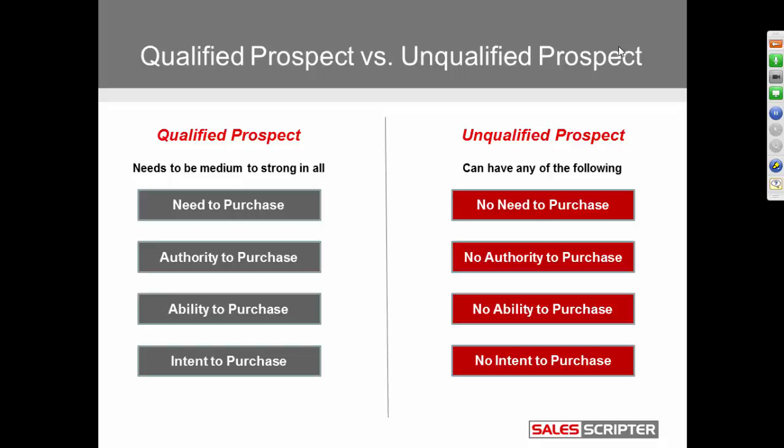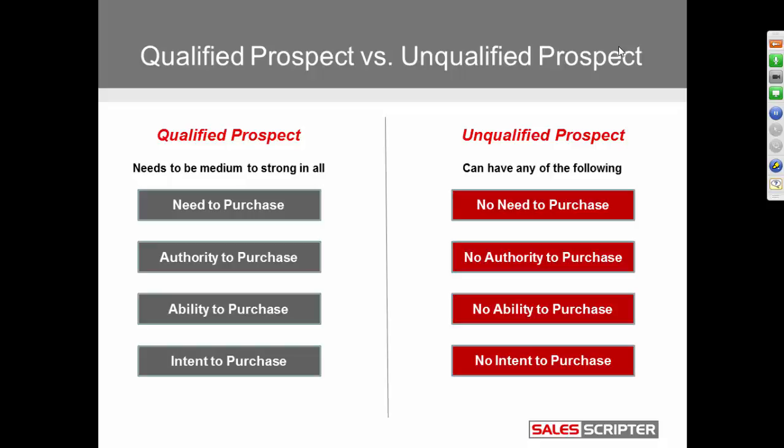You're dealing with the people that have the authority to purchase, meaning you're not selling at a manager level when it's really a VP level that signs the deal and the VP is not even involved. They have the ability to purchase, meaning there's some sort of funding allocated or approved or available to access. And they have the genuine intent to purchase from you.